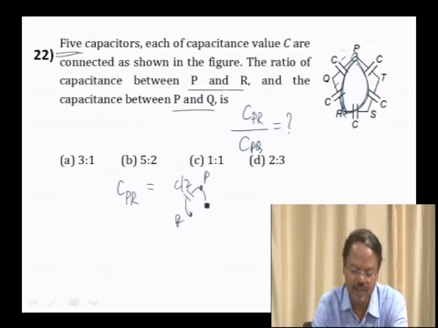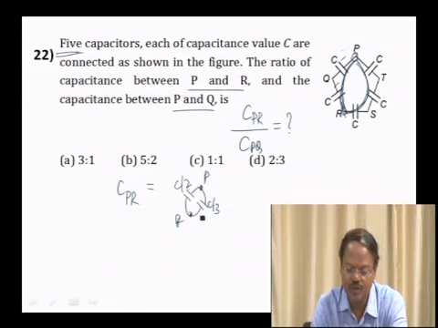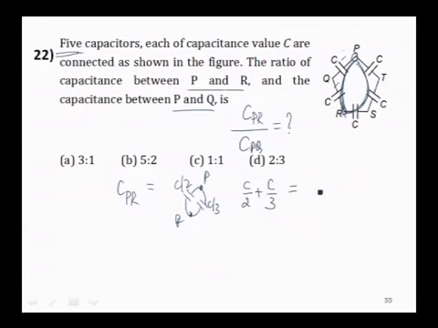So this branch it is C by 3, and because these two are in parallel, you have to add them. So C by 2 plus C by 3, 2 and 3 LCM is 6, you will get 3 here and 2 here. So it is 5C by 6, first answer.